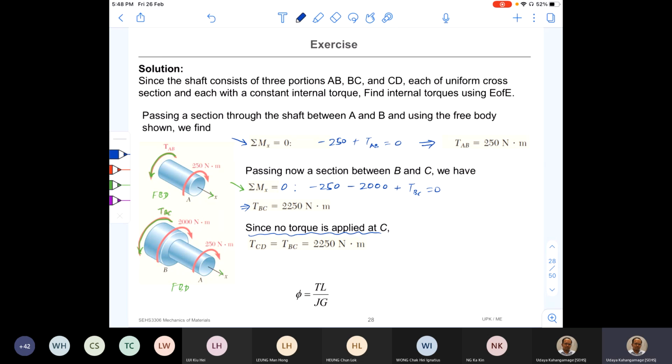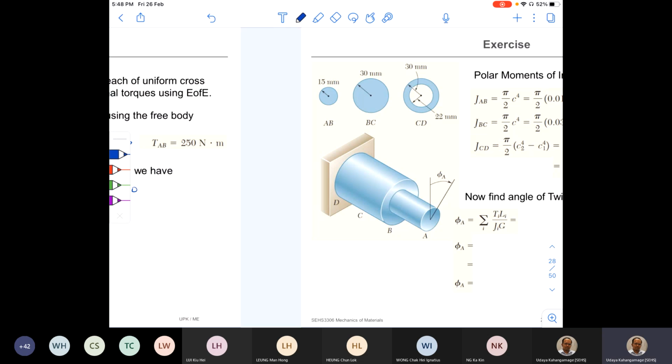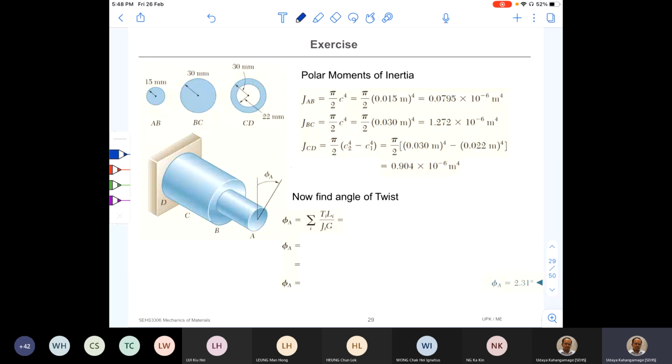Now we are going to apply this equation portion by portion and add them together to find the total angle of twist at point A. To complete the equation, I need the polar moment of inertia for each section. AB is a solid circular section like this, right? Therefore, I use this equation.